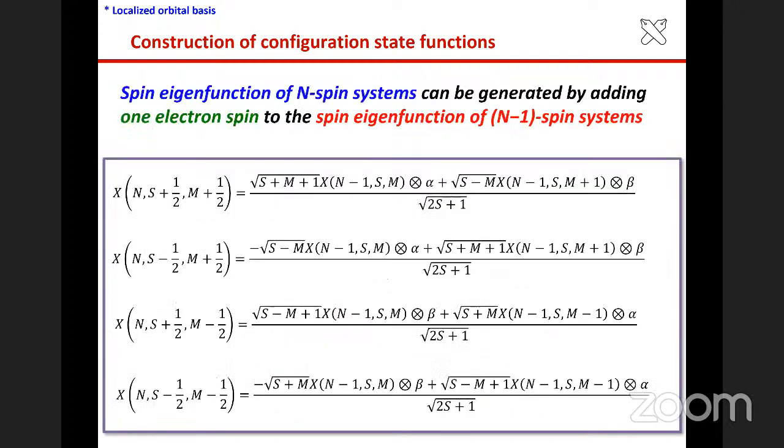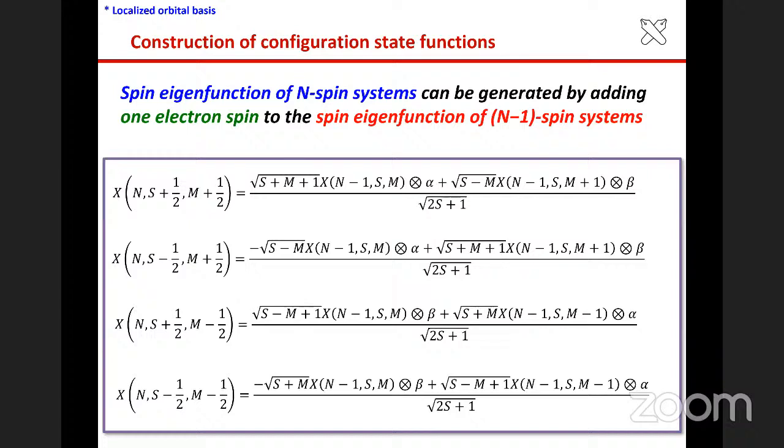So how do we generate this kind of spin eigenfunction? The spin eigenfunction of an n-spin system can be generated by adding 1 electron spin to the spin eigenfunction of an n-1 spin system. Based on the addition theorem of angular momentum, we can derive these 4 equations as a recurrent formula.